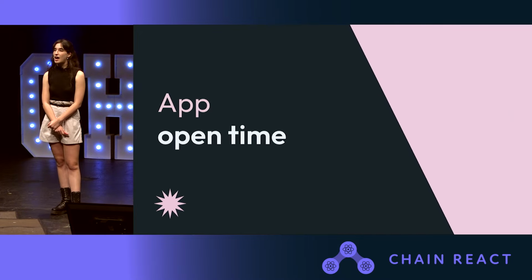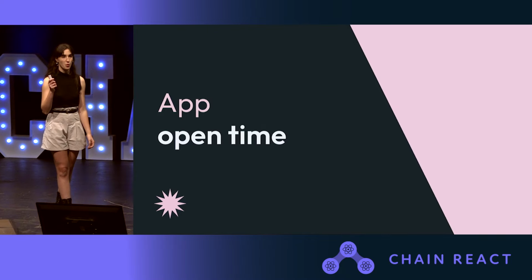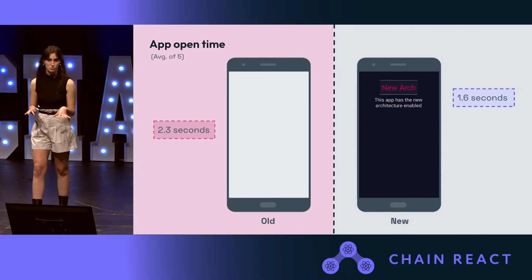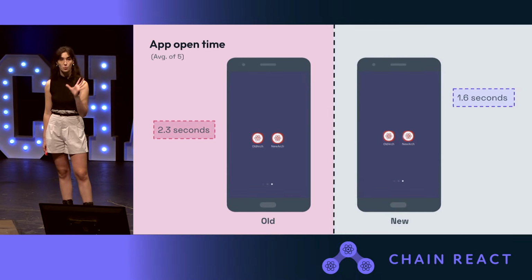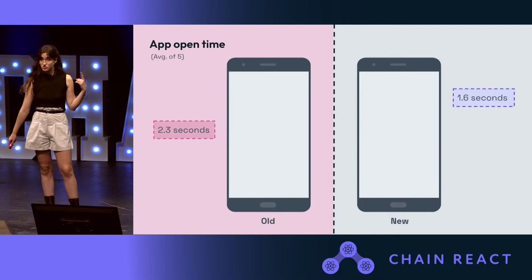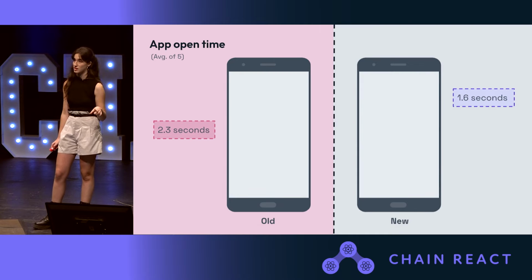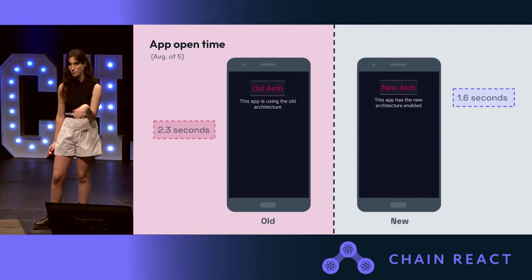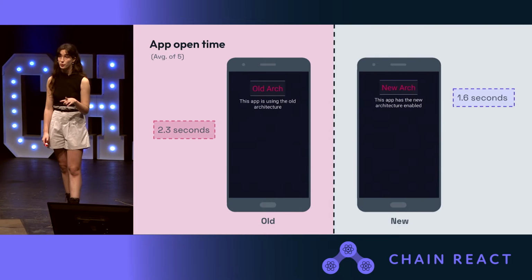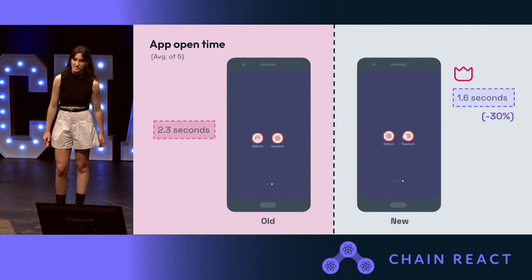The next thing that I wanted to test was the time it takes for the app to open. For this, I took measurements of opening each app 5 times. And you can see there's a difference. The old architecture takes 2.3 seconds to load from kill state, while the new one takes only 1.6, which is 30% less.